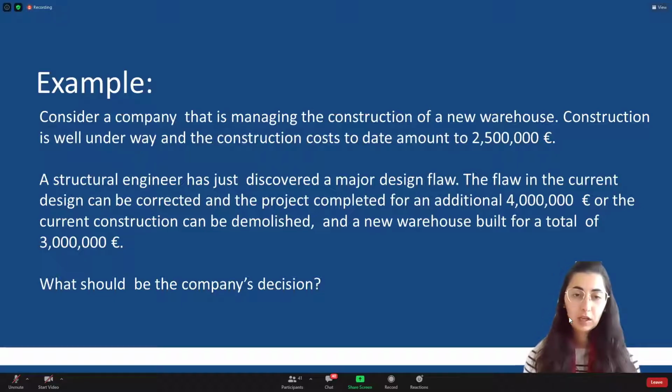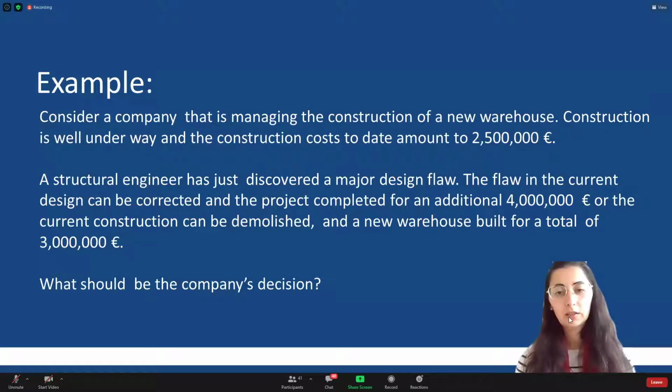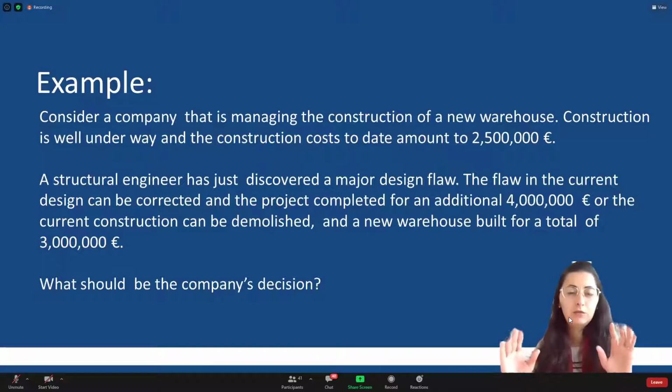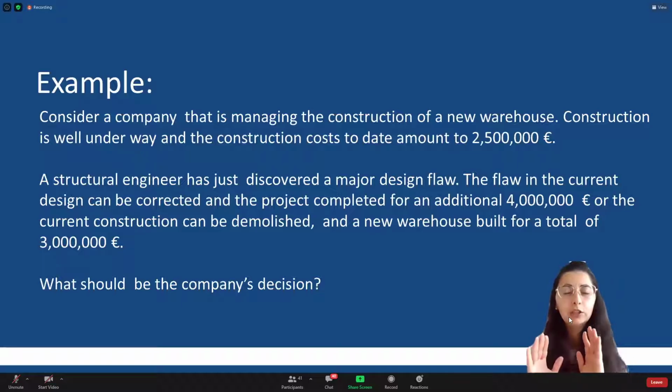Or the current construction can be demolished and the new warehouse built for a total of 3 million. So we have a decision. We have to choose between two alternatives. What are the alternatives that we have to decide between? Between correcting the problem or building a totally new one by demolishing what is already done.